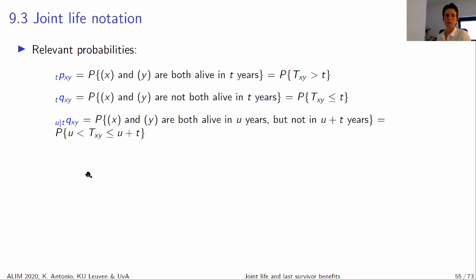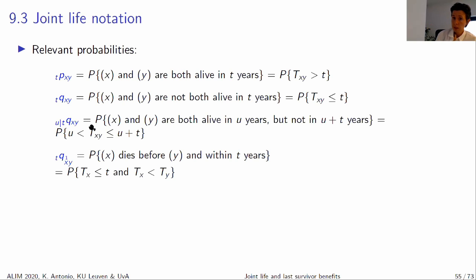And then, of course, we can also look at a deferred probability. That's u bar t qxy. That means they both survive for u years, and then at least one of them dies in the next t years. So the Txy, their joint future lifetime, takes a value between u and u plus t. That's what this notation would refer to.